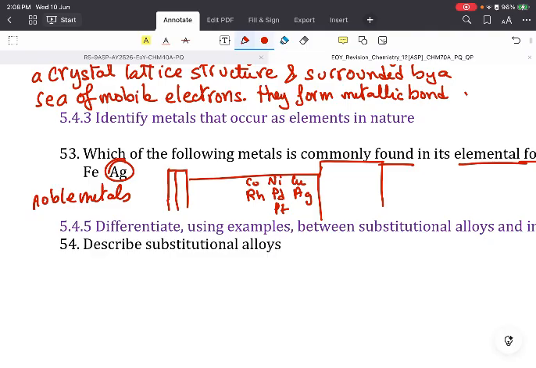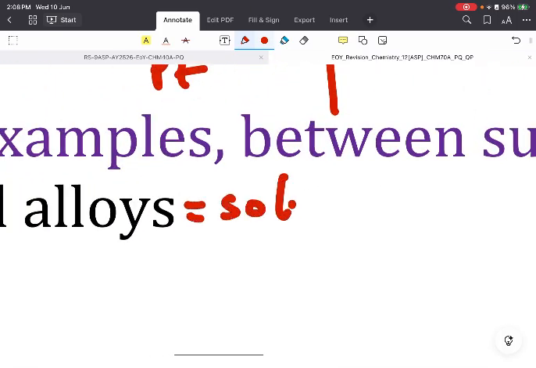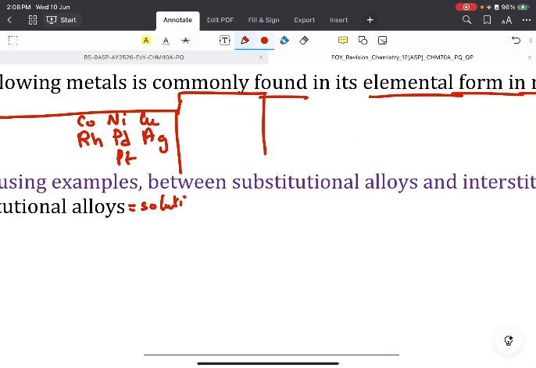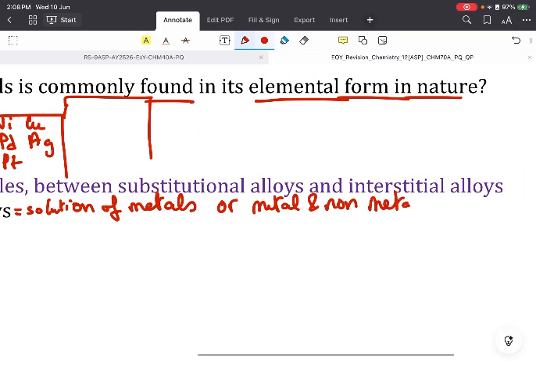Describe substitutional alloys. Alloys in general are metallic materials that contain more than one element, or I can say an alloy is a solid solution of metals, or of metal and non-metal, because I can mix metals or non-metals together.